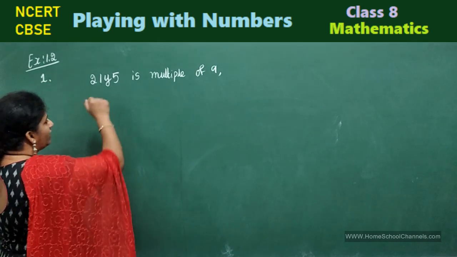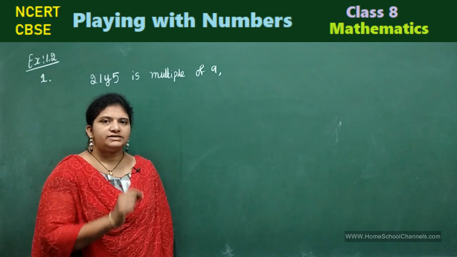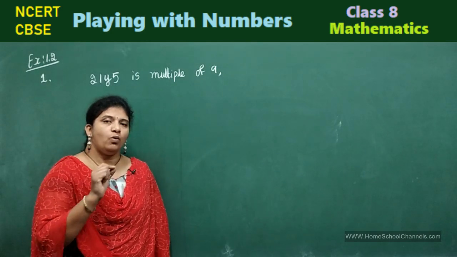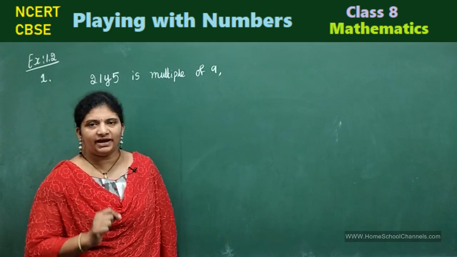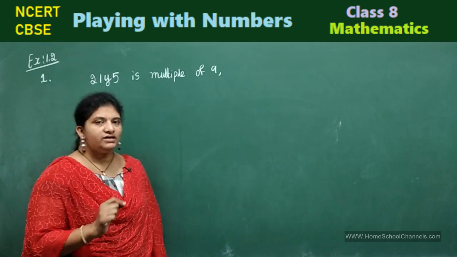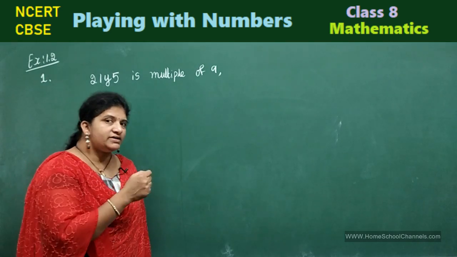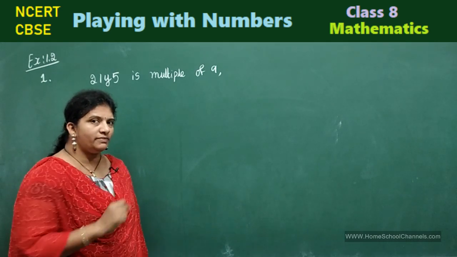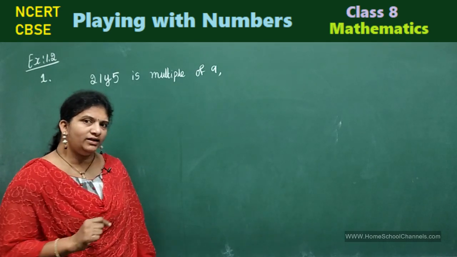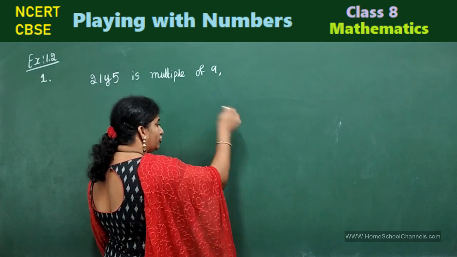We have seen the divisibility rules till now, right? So now, how can we find this one? What is the divisibility rule for 9? Sum of the digits, and whatever number you get, that number should be divisible by 9. Let us write here: what are all the possibilities of the total?